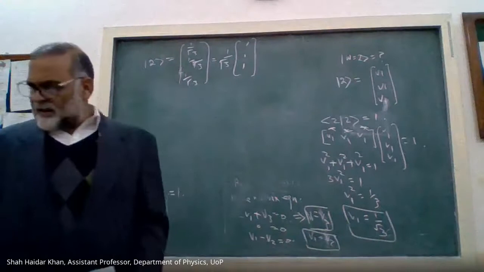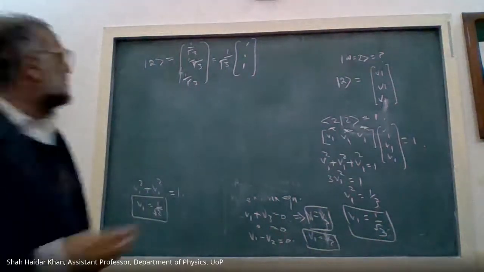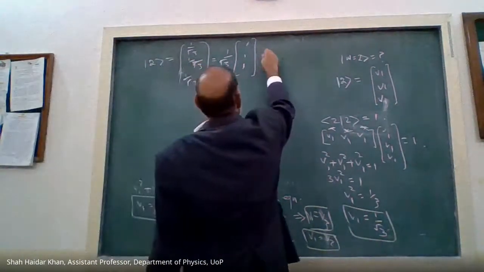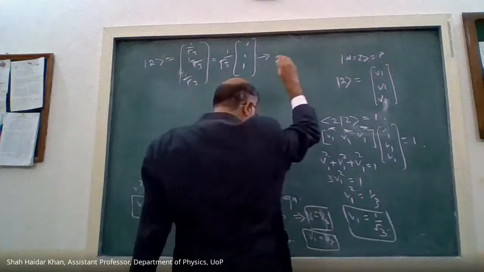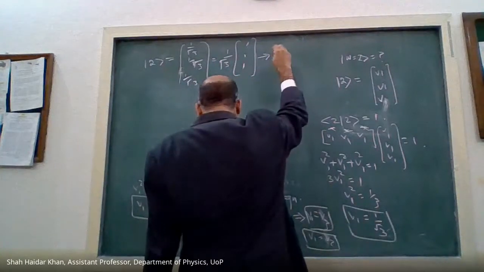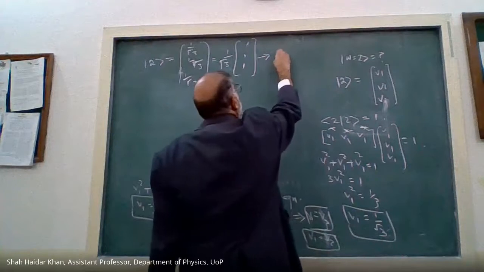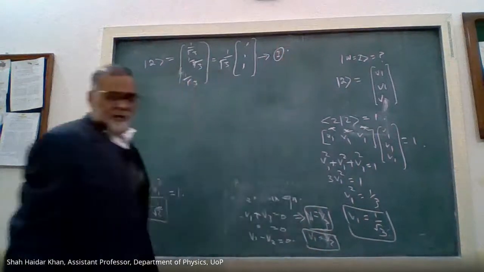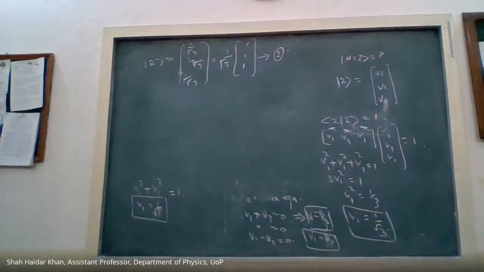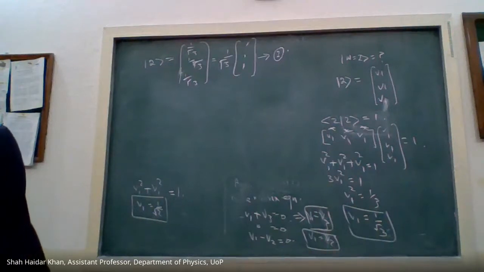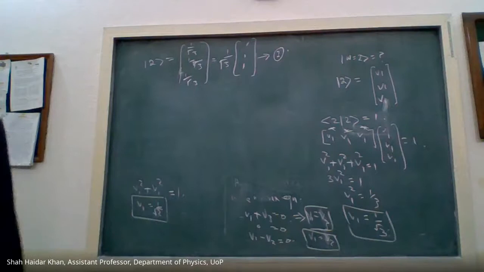That is your one vector. That would be the first eigenvector for omega equal to 2.